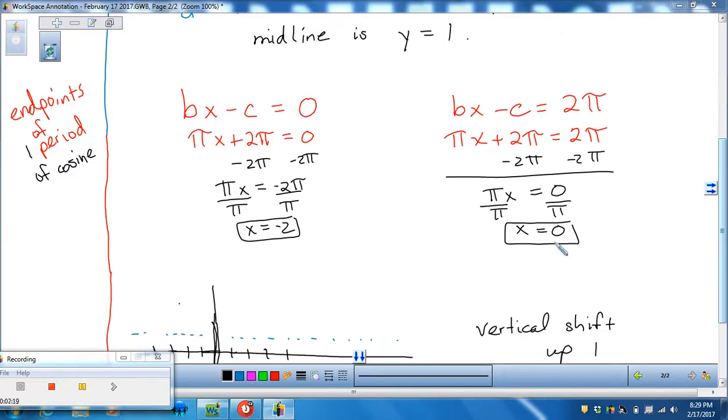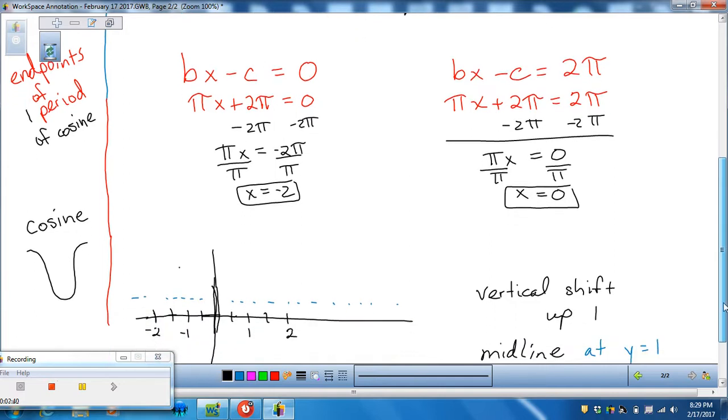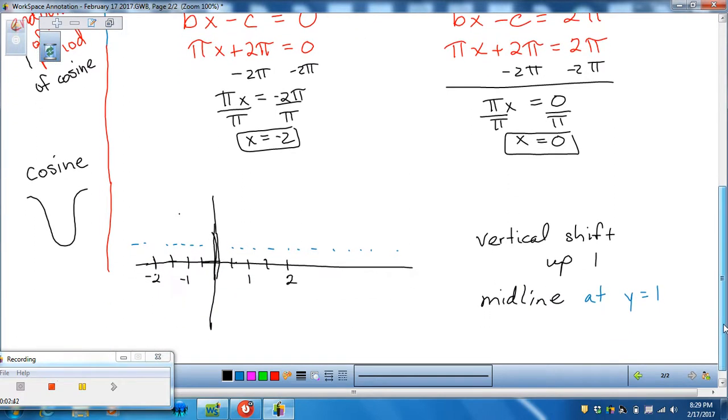Now, these are not going to be located on the x-axis because this is a cosine graph. Remember, the cosine graph either starts high and goes low, or it's flipped upside down. So we need to figure out where that high point is going to be. Before we can do that, we have to look at the fact that we have a vertical shift. So we are going to be shifting our entire graph up 1.